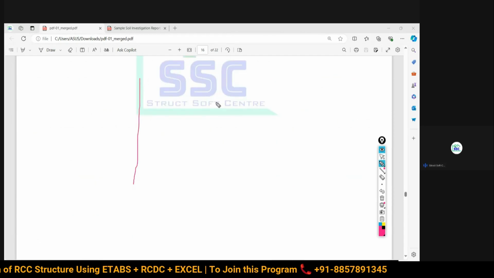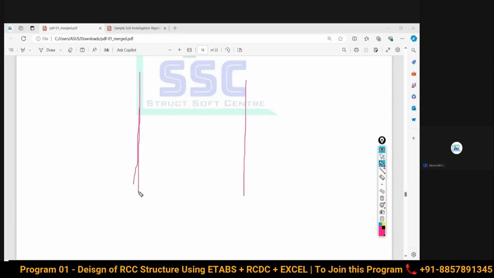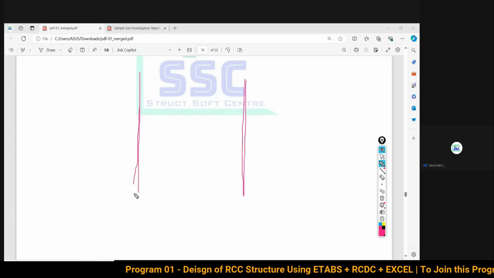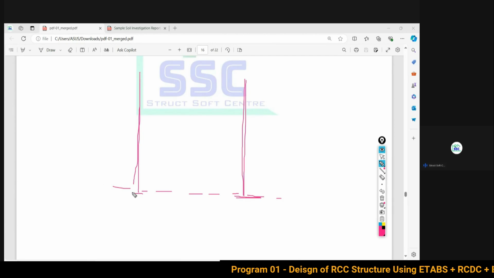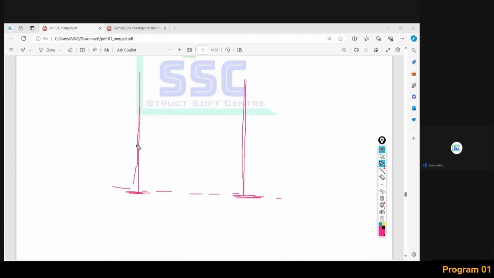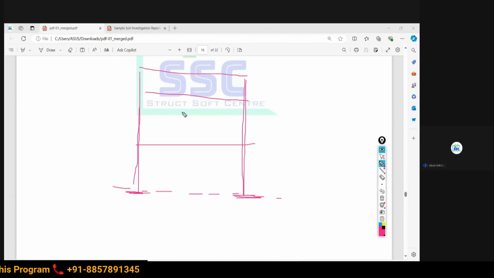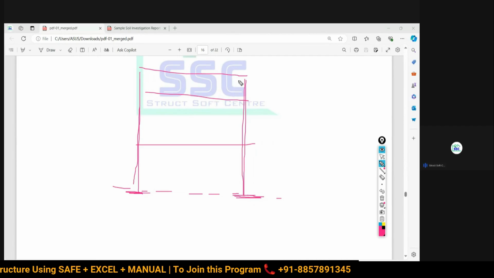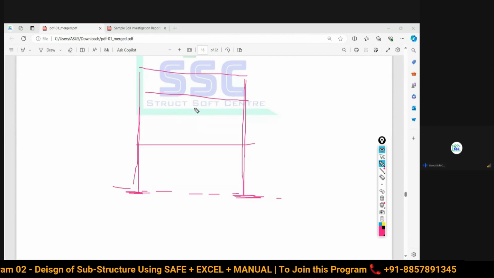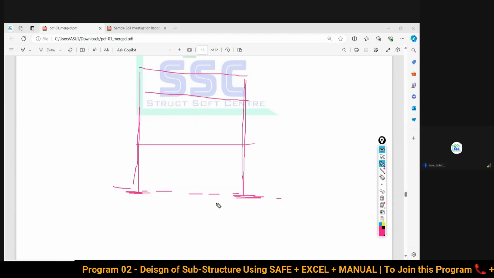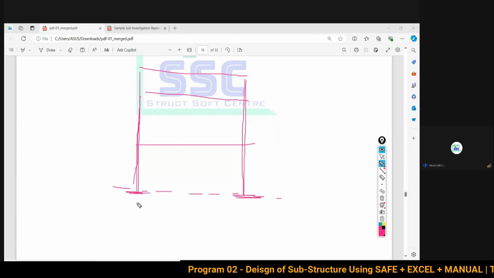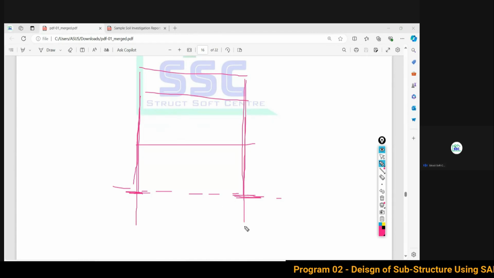If your entire building settles uniformly from the base level, suppose this is one building with connected beams, columns and floors, and under the loading the soil fails to resist the load coming, this building will settle down, but that settlement should be uniform. The building settles like this, so the base of the columns stays at the same level.